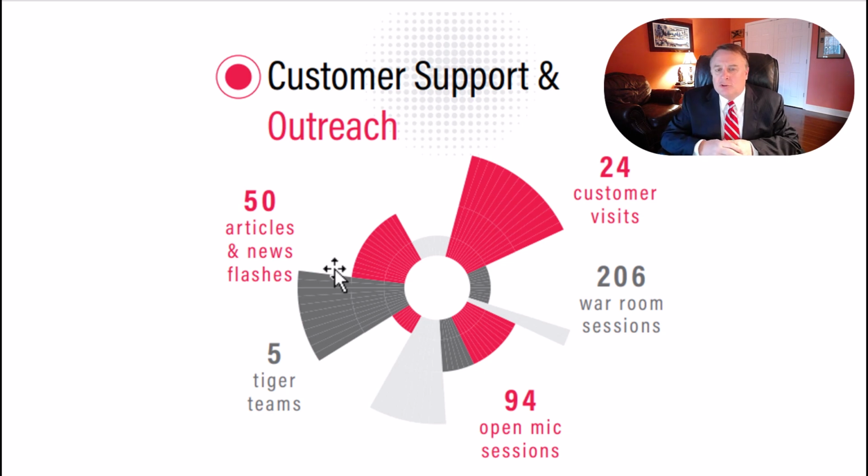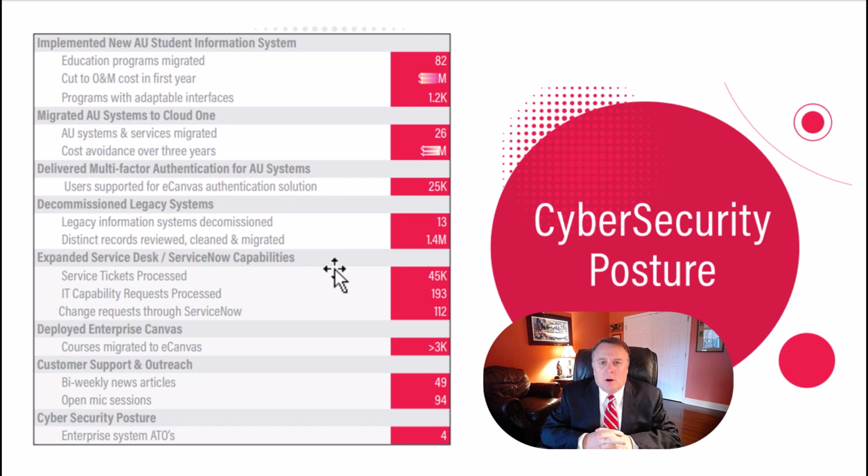Here, 50 articles and news flashes going out via email, dedicated Tiger teams, customer support visits where they're proactively going to the schools and soliciting areas of improvement, 260 war rooms where they're getting into the detail with the contractors about what needs to be done at the code level, and 94 open mics that allow the customers and the faculty and everybody using the systems to get information as well as provide us with feedback on things that aren't working quite as well.